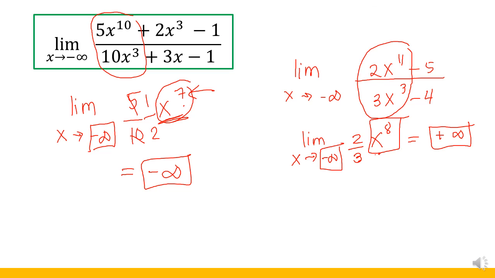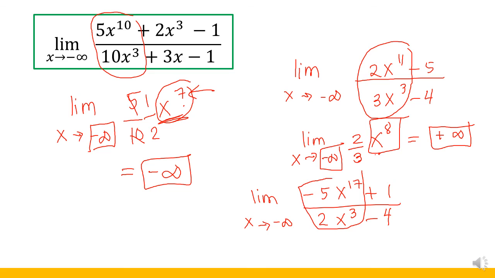Now what if we are given, say, the limit of negative 5x to the 17, plus 1, all over 2x cubed minus 4, as x approaches, say, negative infinity or positive infinity. Actually, it will not matter much because look at the exponent. You have x to the 17 minus 3.